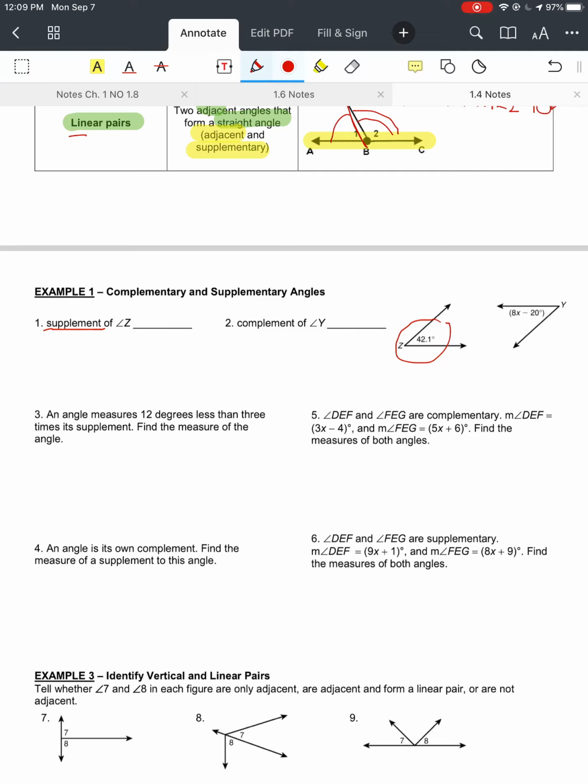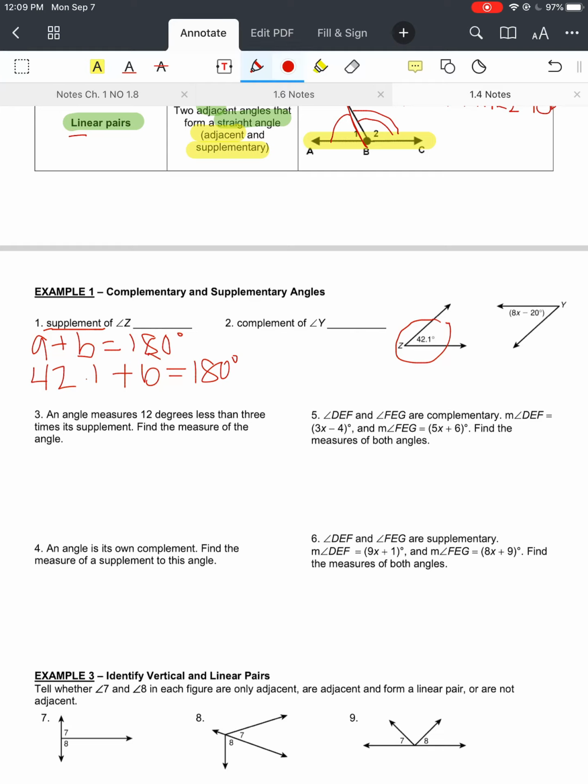So that means my two angles, I'm going to write angle A and B. I'm just going to use A plus B equals 180. Let angle Z be the same thing as A. So I'm going to call this 42.1 plus B, whatever that is, has to equal 180.